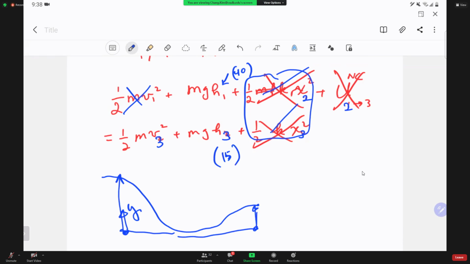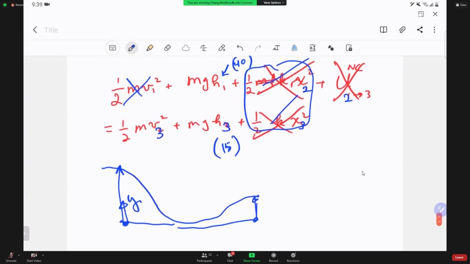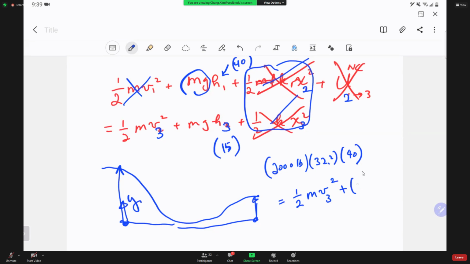So in this case, it's going to be 2,000 pound. g is 32.2 times 40 equal to 1/2 times m v3 squared plus m g times the height at second, which is 15.